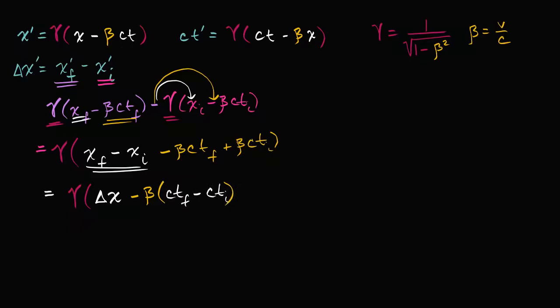Well, that's just going to be change in ct. So this is all going to be equal to gamma, our Lorentz factor, times change in x minus beta times change in ct. And since c isn't changing, you could also view it as c times change in t, either way. So there you have it.